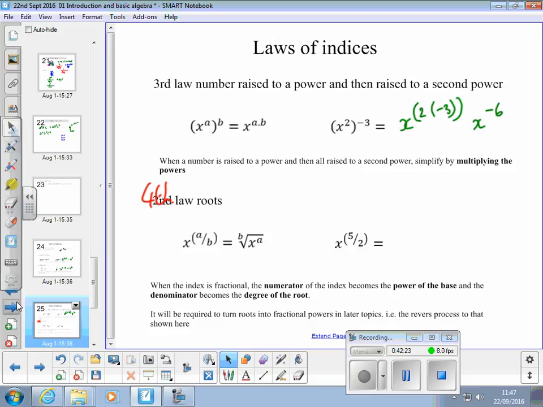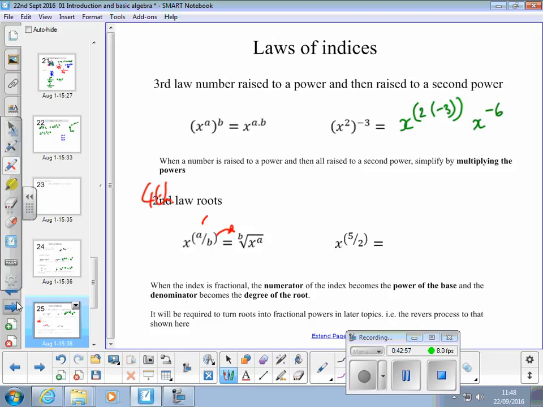X to the power of a divided by b: fractional indices are used to represent roots, square roots, third roots, and so on. So if we have x to the a divided by b, we can write that as the b-th root of x to the a. The denominator of the fraction is the level of the root.